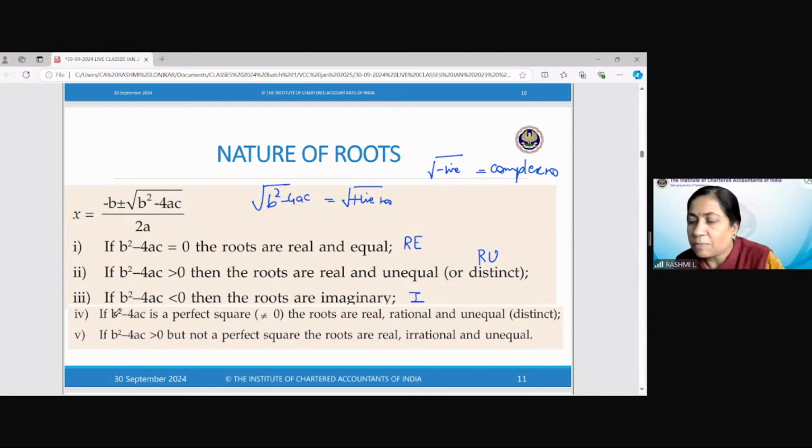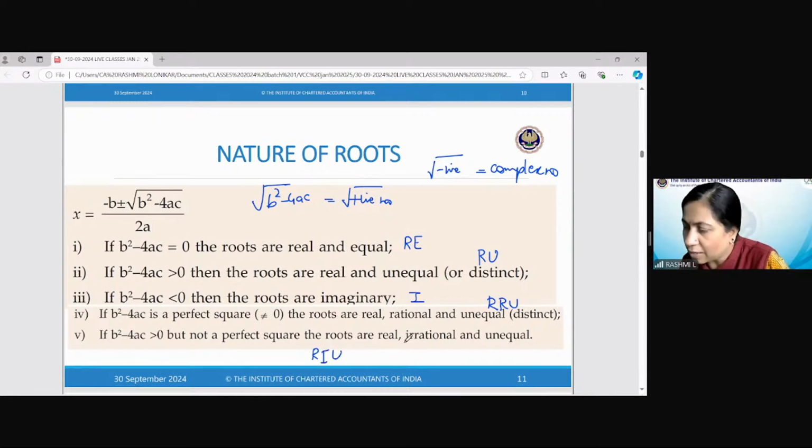Now, if b square minus 4ac is a perfect square, that is positive and also a perfect square, then the roots are real, rational and unequal or distinct. Okay. What will happen if it is not a perfect square? Then it will be real, irrational and unequal.